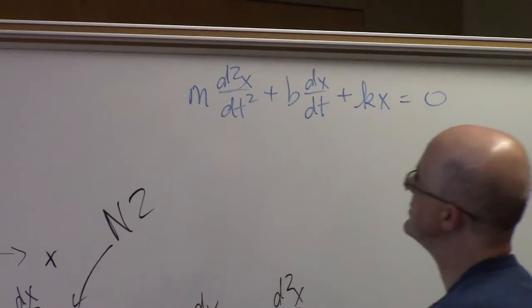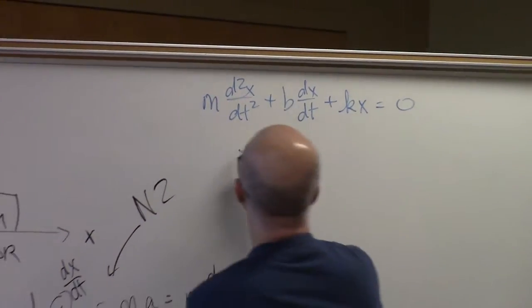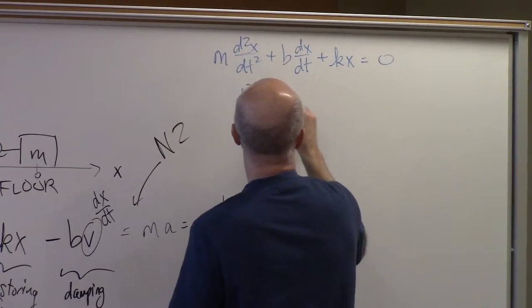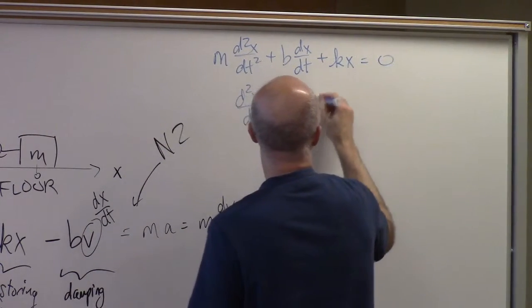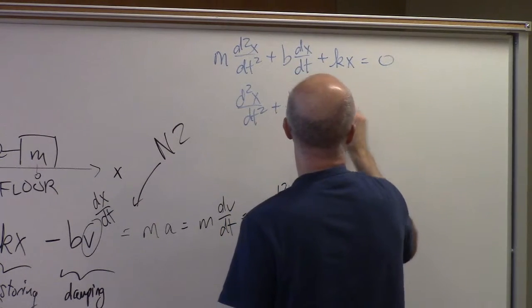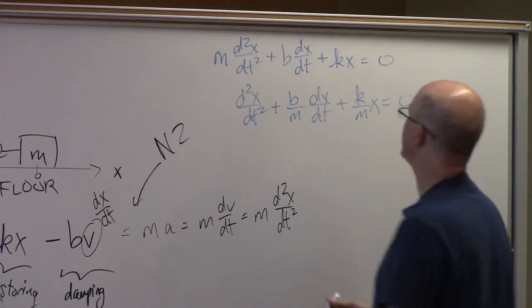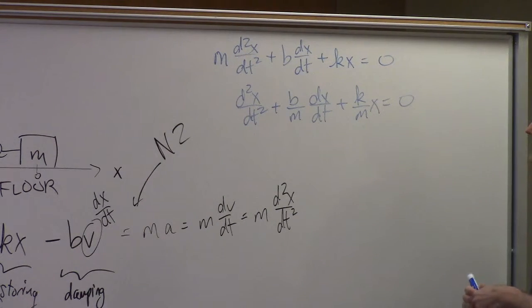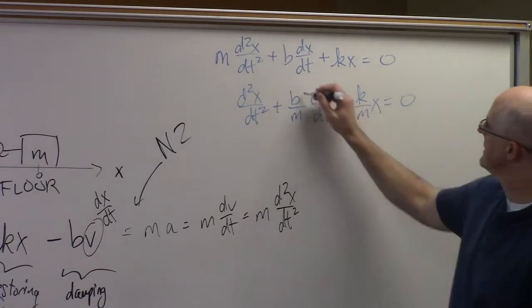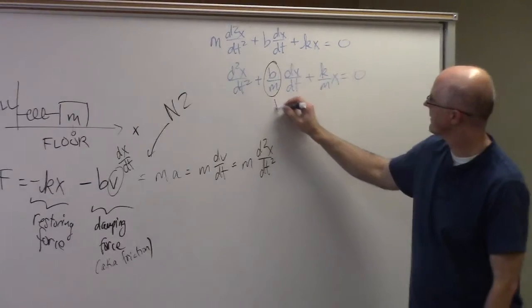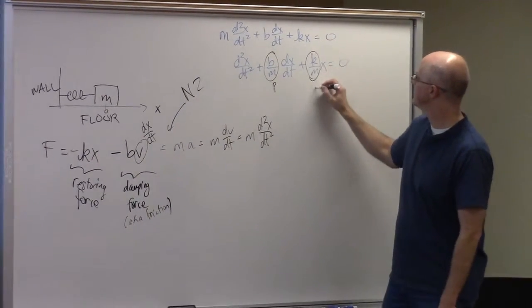It's also common to divide everything by m, like this. And it's also a common thing to replace b over m and k over m with different letters. In the book I use for differential equations when I teach that, the book calls this p and this q.